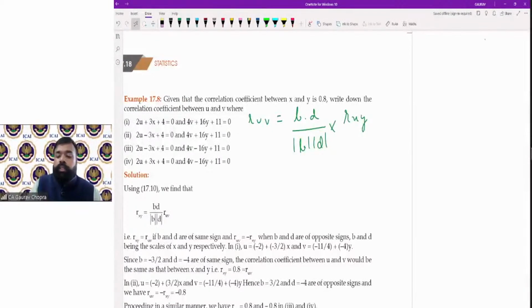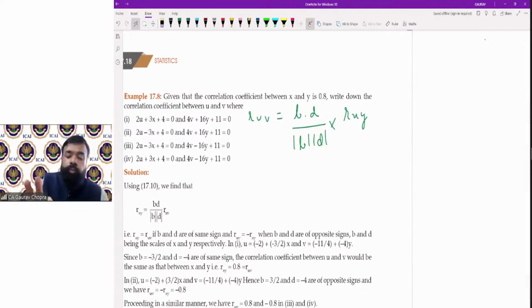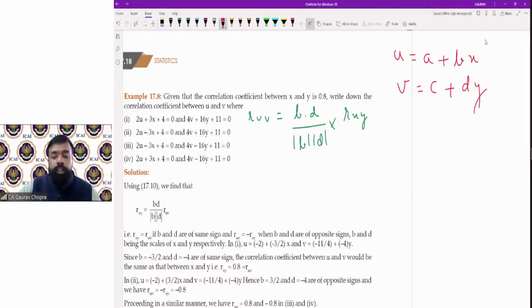First equation is U is equal to a plus bx, and second equation is V is equal to c plus dy. तो ये दो इक्वेशन आपको क्वेश्चन में दे रखी होगी। हमें क्या करना है, इस इक्वेशन में से b की वैल्यू एक्सट्रैक्ट करनी है एंड d की वैल्यू एक्सट्रैक्ट करनी है, दैट्स इट। जो भी इक्वेशन गिवन है वहां से आपको b एंड d की वैल्यू एक्सट्रैक्ट करनी है एंड गेट योर रिजल्ट.